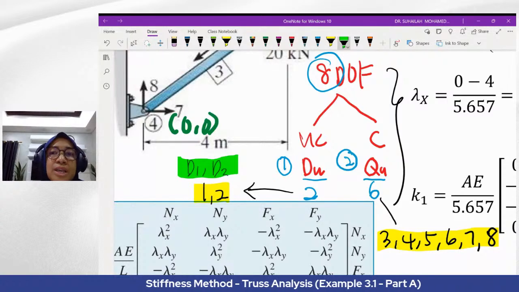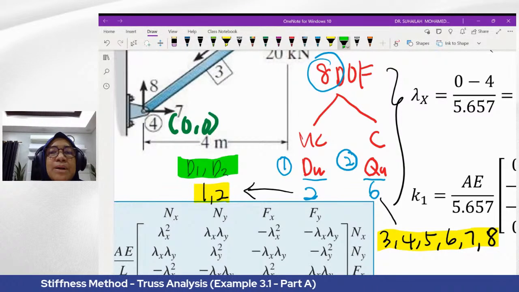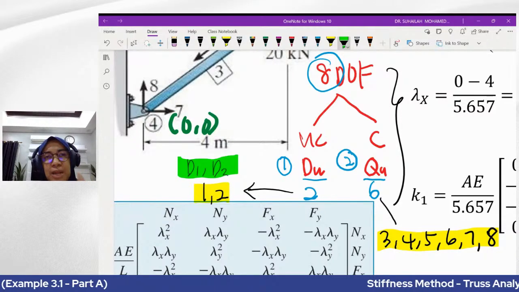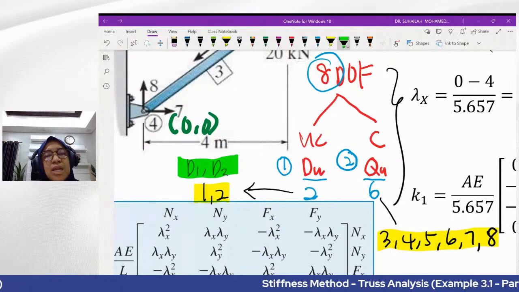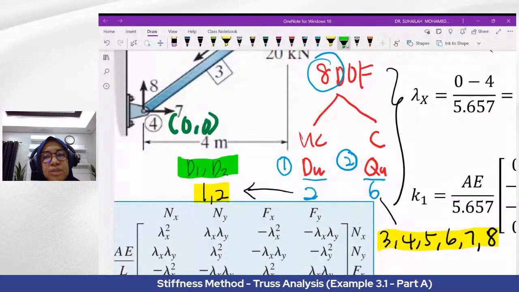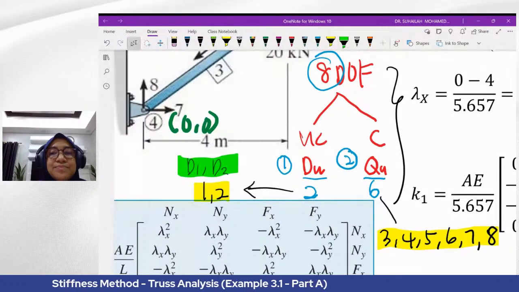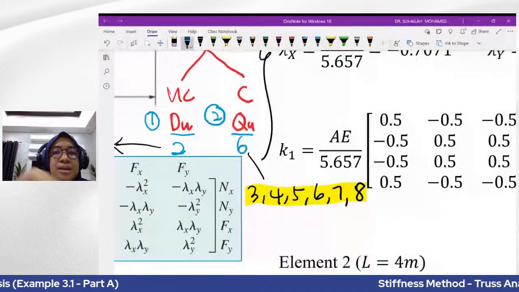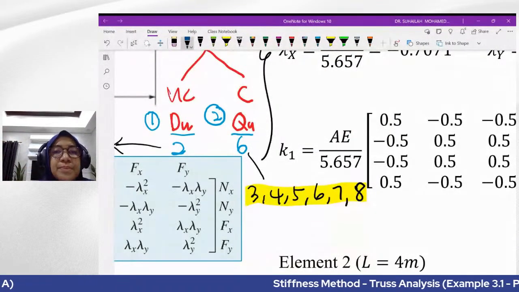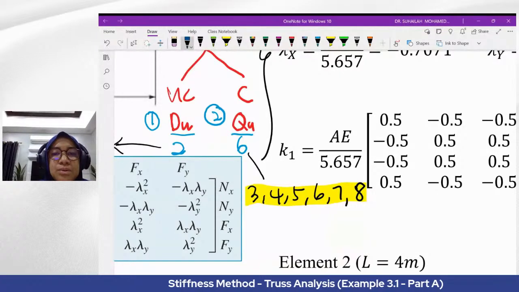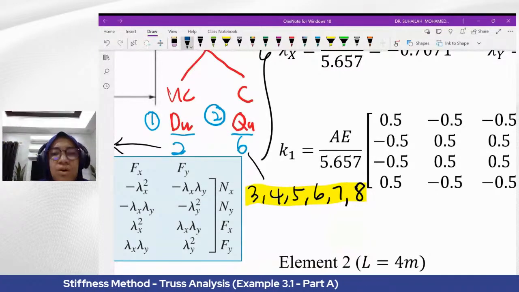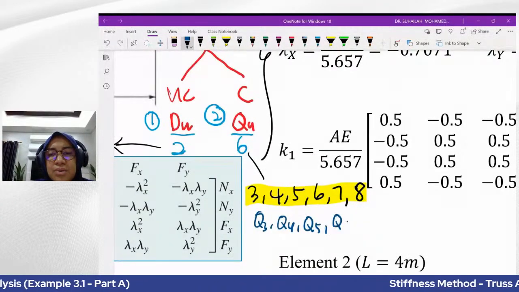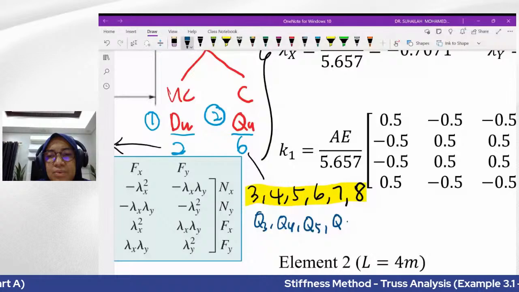And for Qu, the label will start at position number 3. So there are Q3, Q4, Q5, Q6, Q7, Q8.